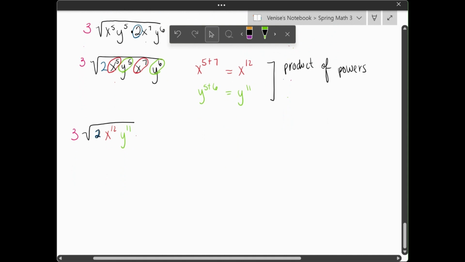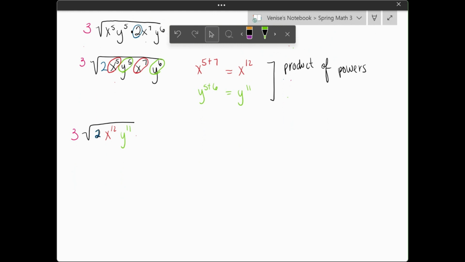Okay. My index is 2, right? So remind ourselves that my index is 2.